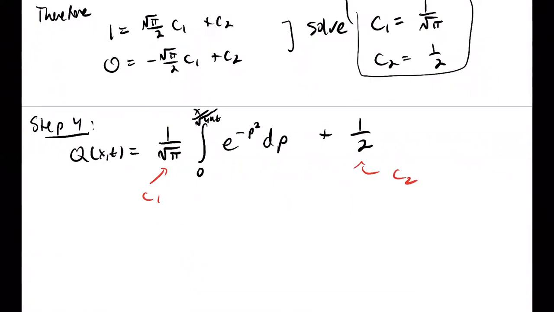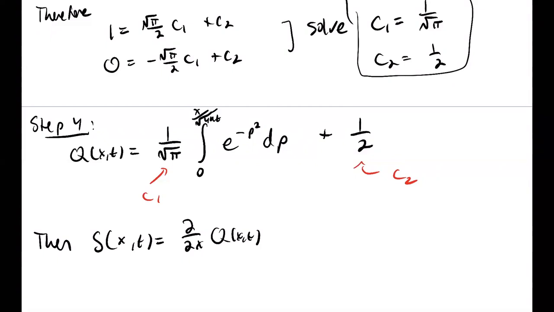Okay, and so now we have Q. We found Q, so that completes the goal. And so finally, the source function S is just given by the derivative with respect to x of Q. When I differentiate Q with respect to x, I can use the fundamental theorem of calculus to calculate the derivative, but I have to make sure I use the chain rule.